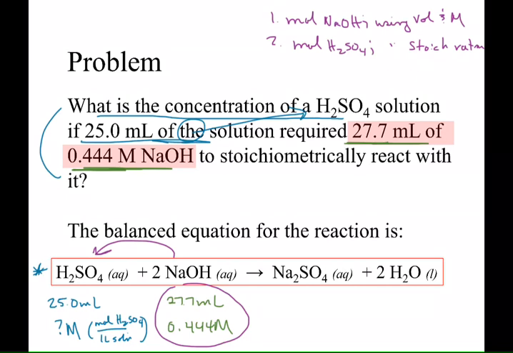Okay, so now if I have moles of H2SO4, do you see where once we have moles, we can get to molarity of H2SO4 if we simply take the moles that we got and divide it by the volume that was given? I'll kind of show you what that looks like.